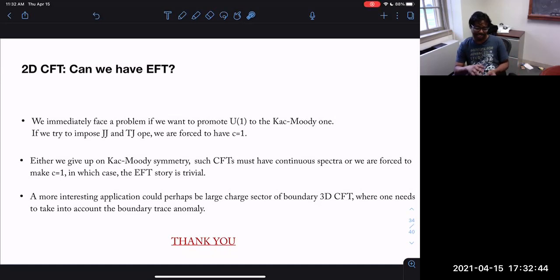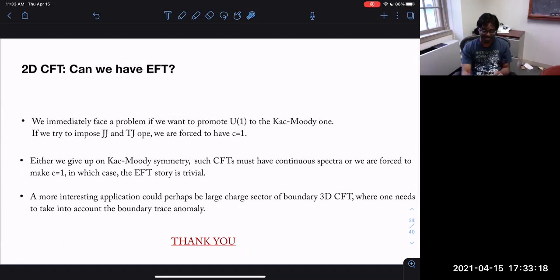So this means in our setup, either we have to give up on Kac-Moody symmetry, which means such CFTs cannot have discrete spectra, they must have continuous spectra, so something weird has to happen, or we are forced to make c equals 1, in which case the EFT story is trivial, not that exciting. But still we have written it up, because the setup could be more interesting perhaps for the large charge sector of some boundary 3D CFT, where one needs to take into account the boundary trace anomaly.